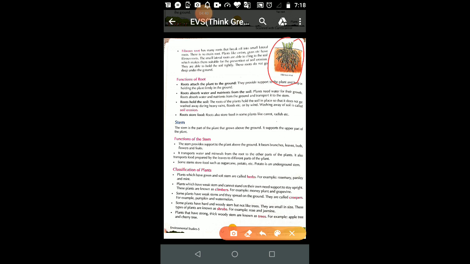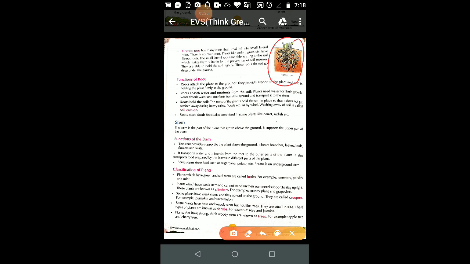What does it mean? It means that when we study types of plants, they are divided into 5 groups: herbs, climbers, creepers, shrubs, and trees.